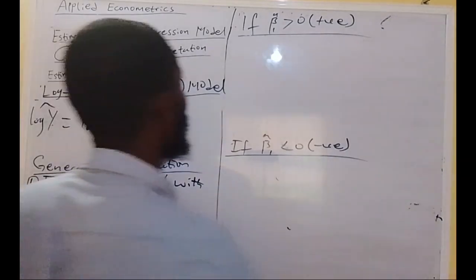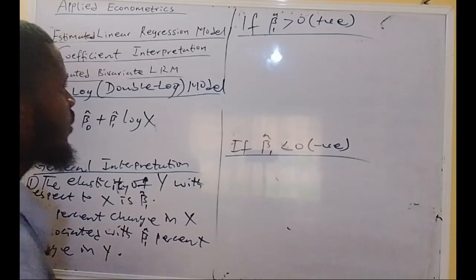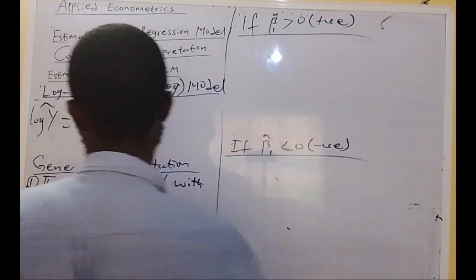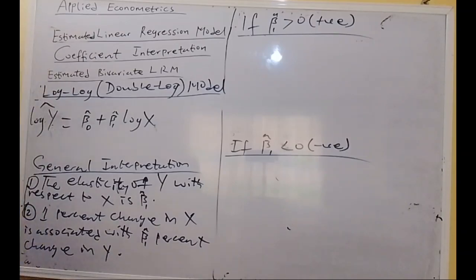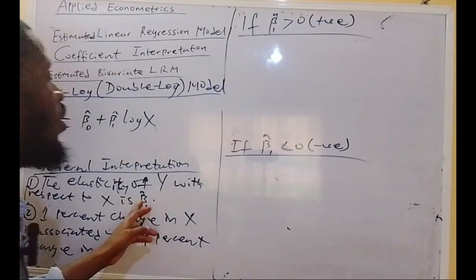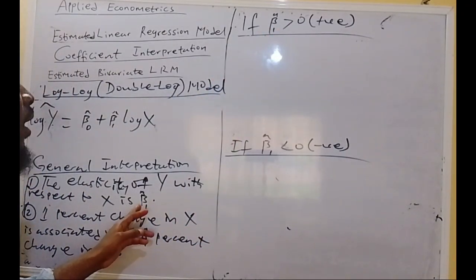Now, let's consider a case whereby our beta 1 hat is positive. How do we interpret that? The first interpretation is constant. Whether it is negative or positive, we can always write that the elasticity of y with respect to x is beta 1 hat.